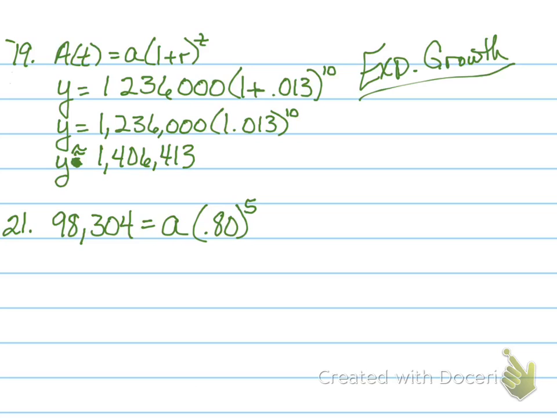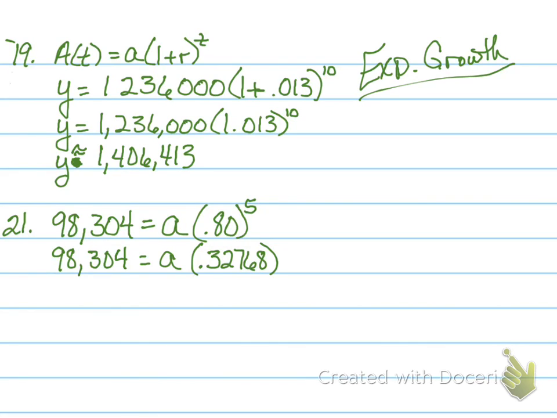Okay, so I'm going to first figure out what 0.8 to the 5th power is. 0.8 to the 5th power is 0.32768, and if you just take that to 3 digits, that would be fine.